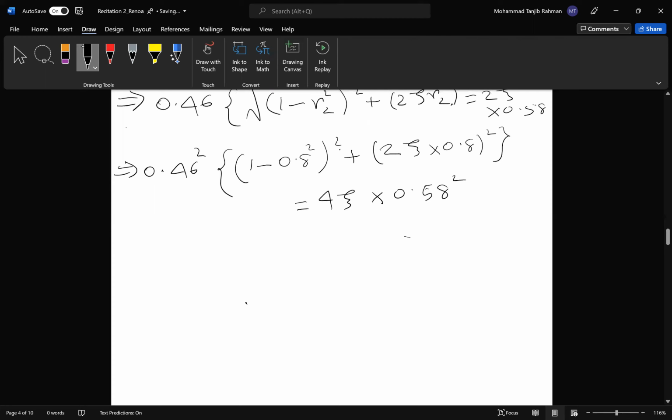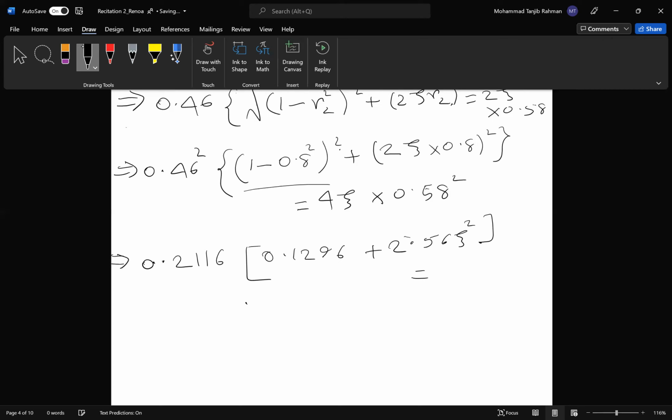So if we do the calculation, it will be 0.2116, and if I simplify it, this term will be equivalent to 0.1296 plus 2.56 zeta square, and this is 1.3456 zeta square.